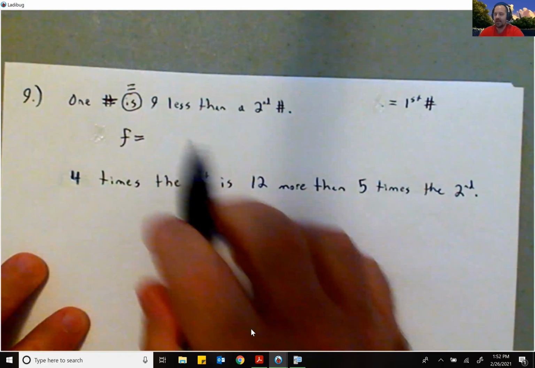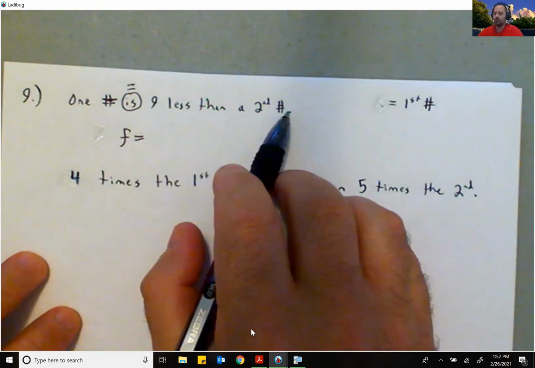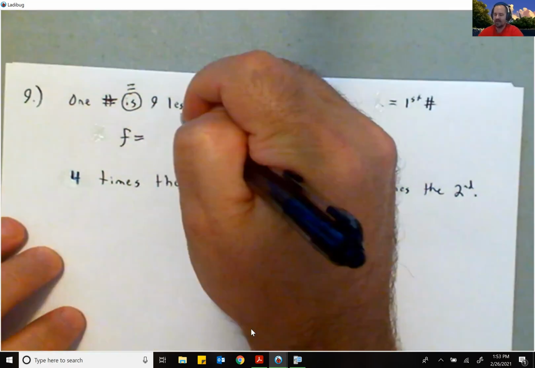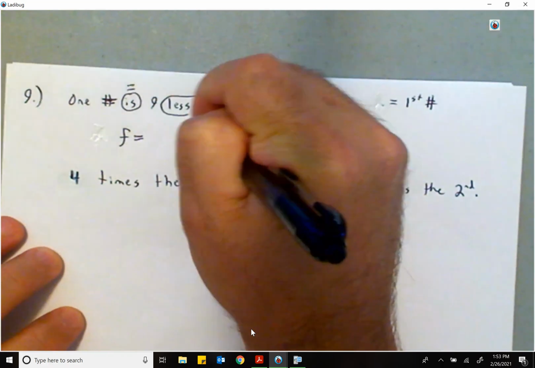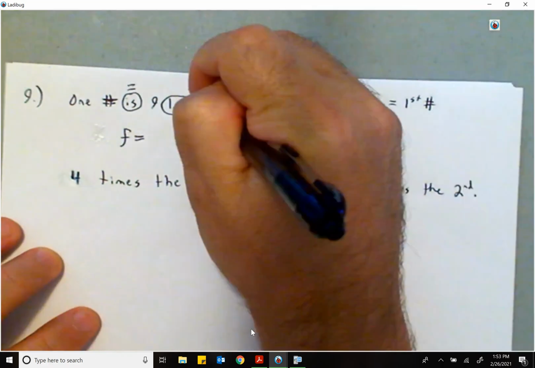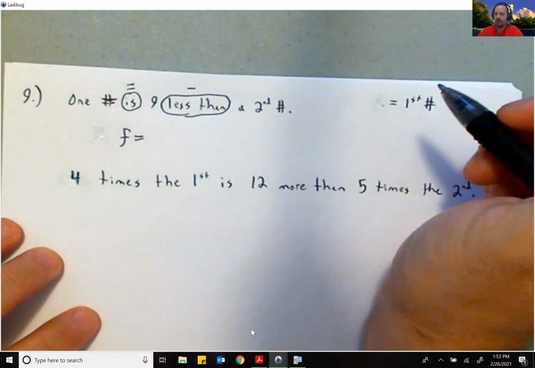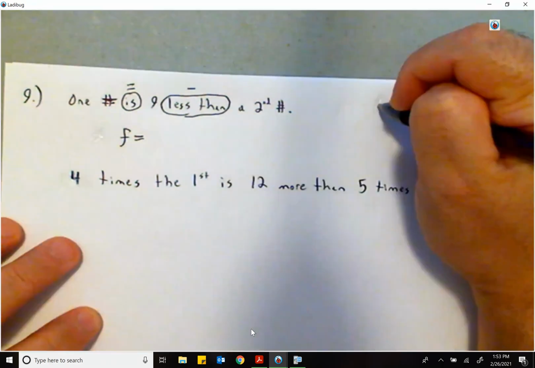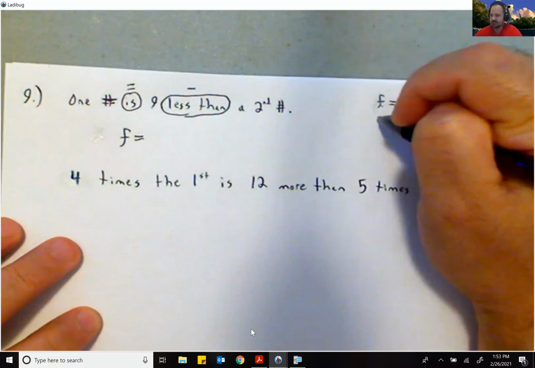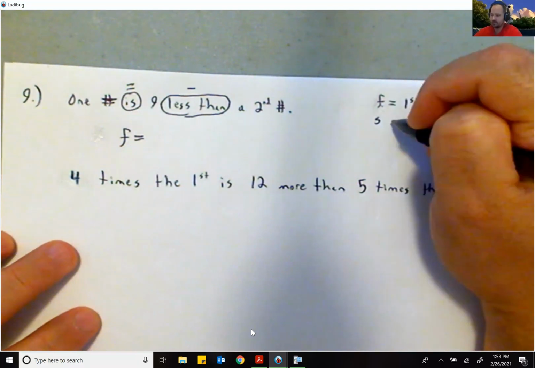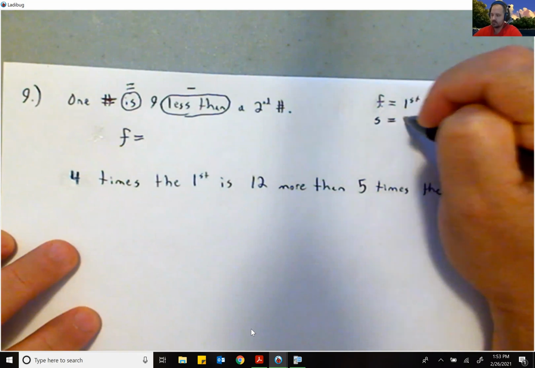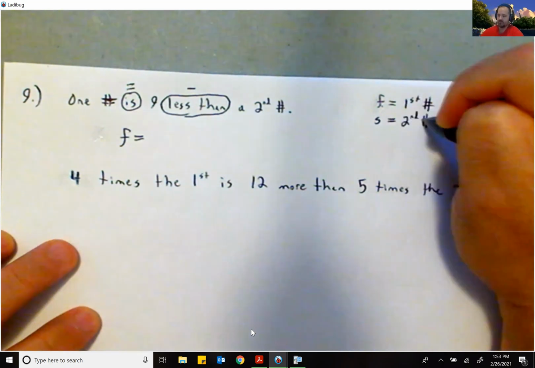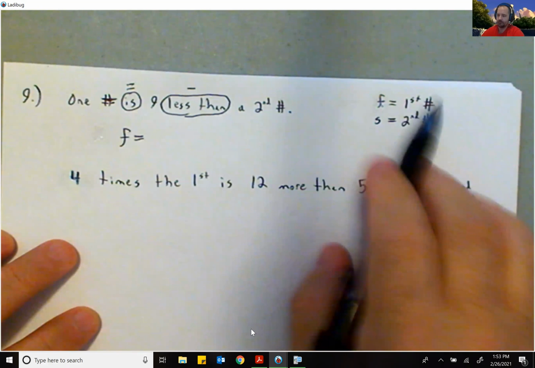Nine less than a second number. What was less than? Subtraction. Okay. Now, what do we want to call a second number? You can use S. I like S for second.